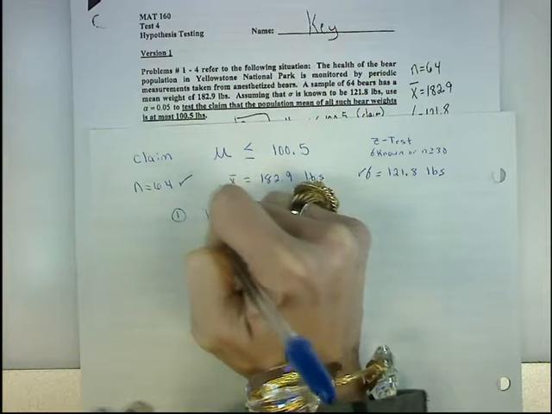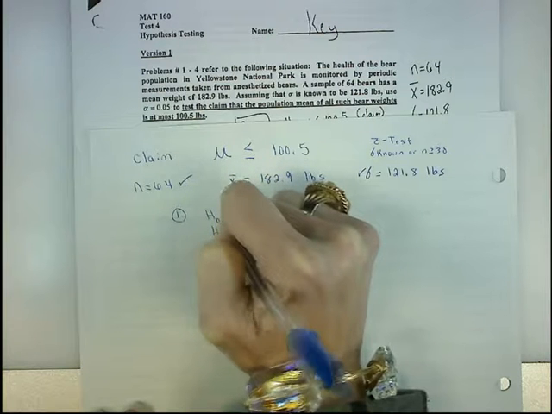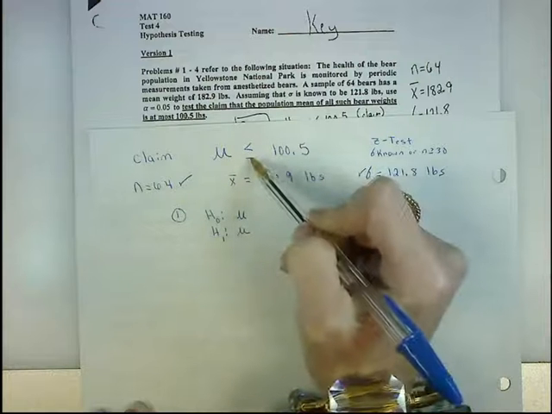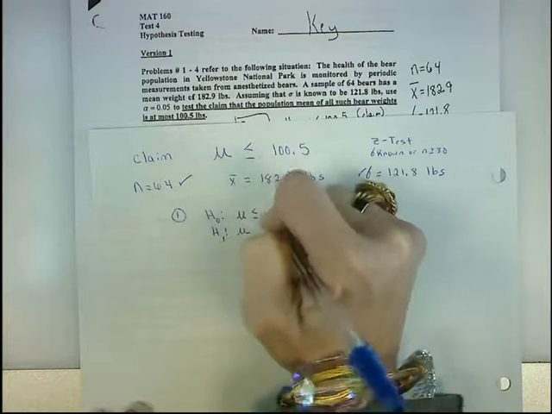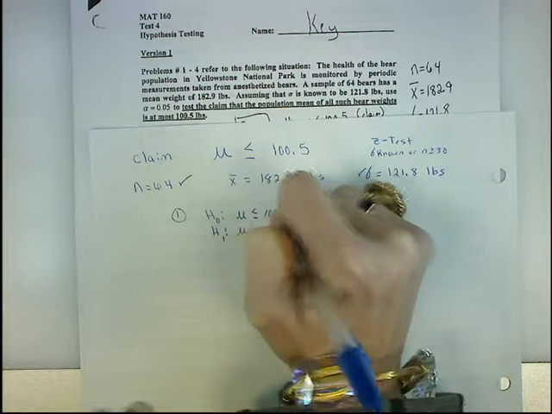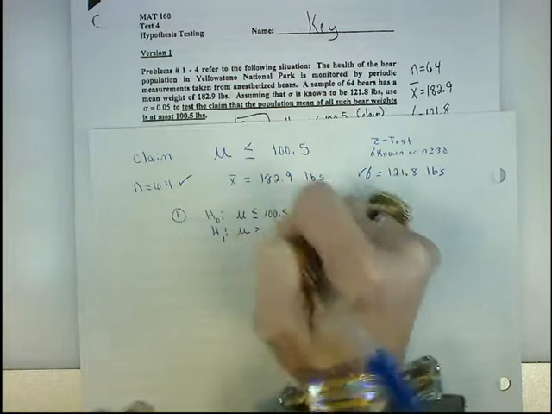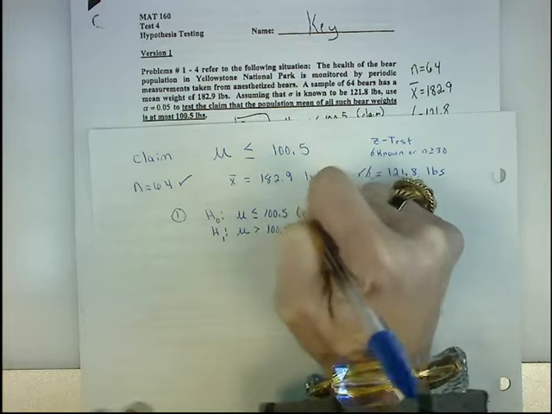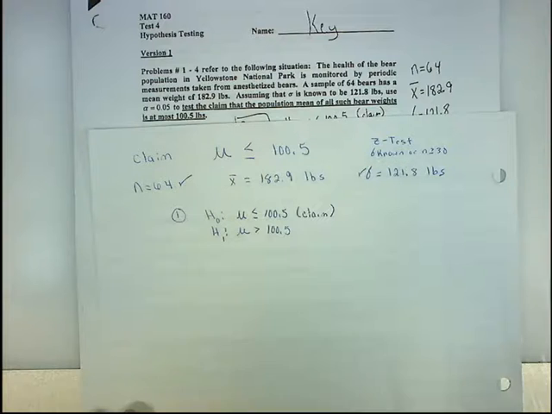If you go to your possibilities for setup and you look for the symbol in your claim, at most, less than or equal to, you know that that has to be part of the null, and the alternative is greater than. In this problem, the claim is the null hypothesis, which says at most.